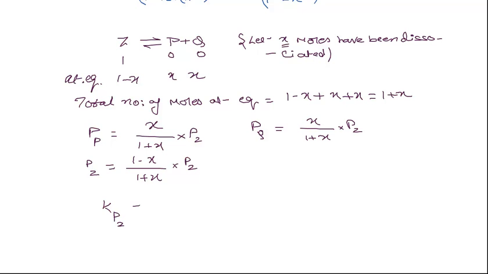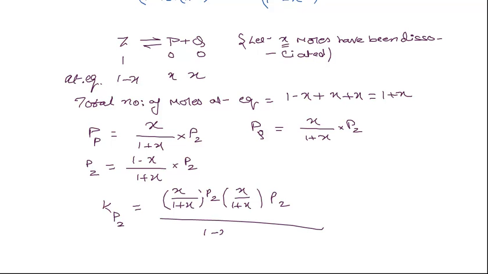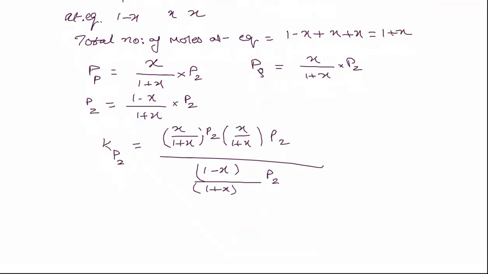Kp2 is the partial pressure of products, x by 1 plus x into P2 and x by 1 plus x into P2, divided by 1 minus x by 1 plus x into P2.